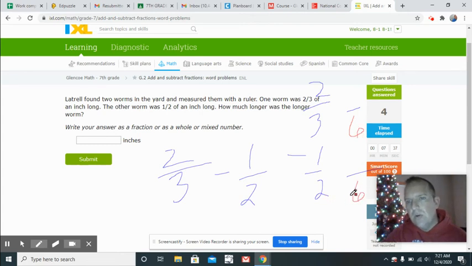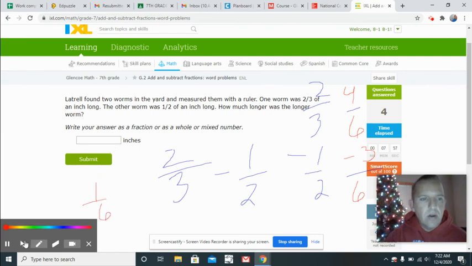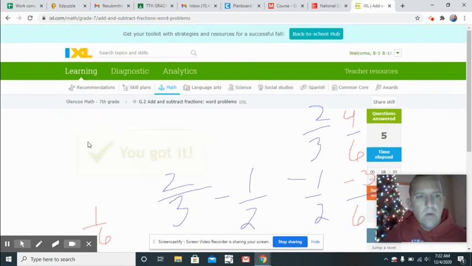So I have to say 2 times what is 6? 3. So I have to do 1 times 3. Because what you do to the bottom, you must do to the top. So the bottom we doubled, so the top we need to double. Now, since we have denominators that are the same, we can do 4 minus 3, which gives me 1, and 6 is on the bottom.